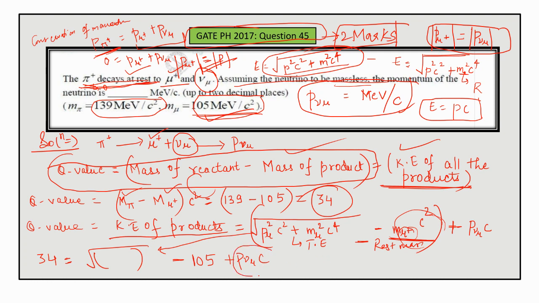Now I need to find out this value, so I'll take this value to this side. Now it is 34 plus 105 minus p nu c is equal to the term under root. Right?